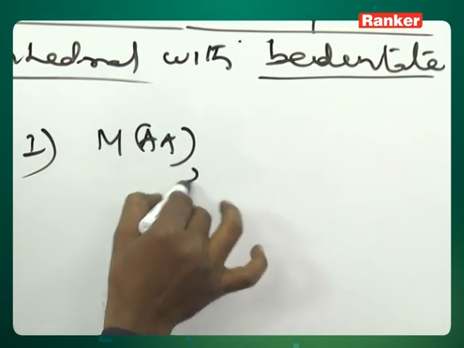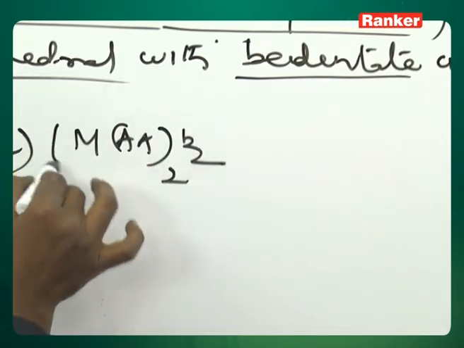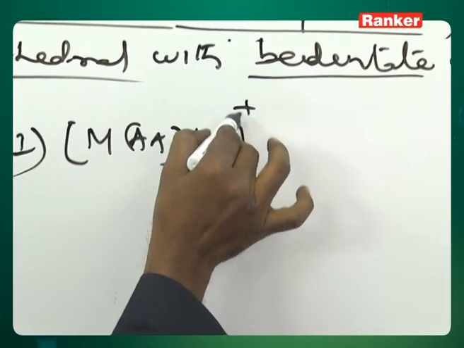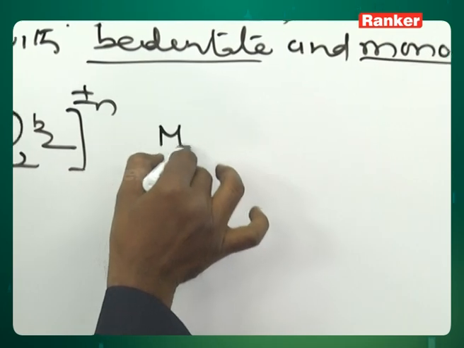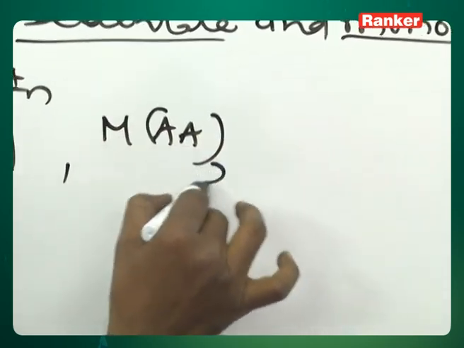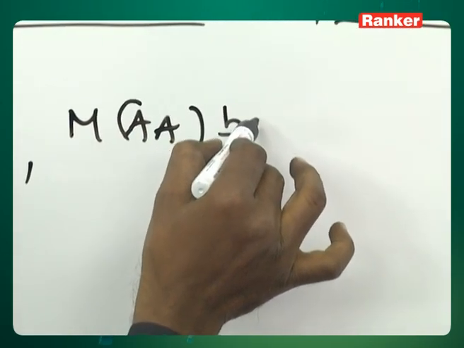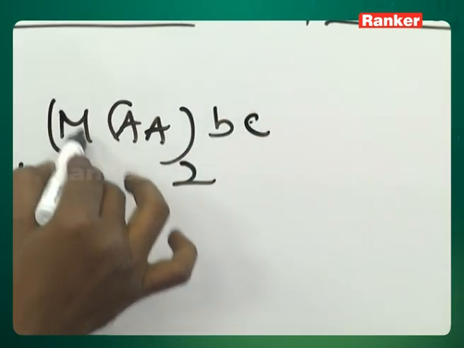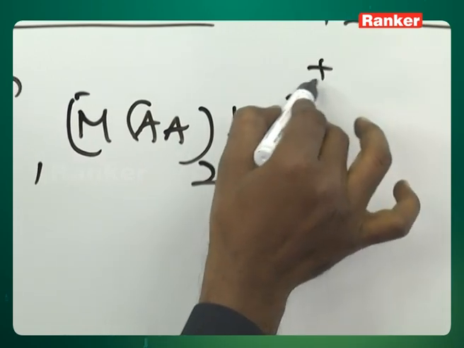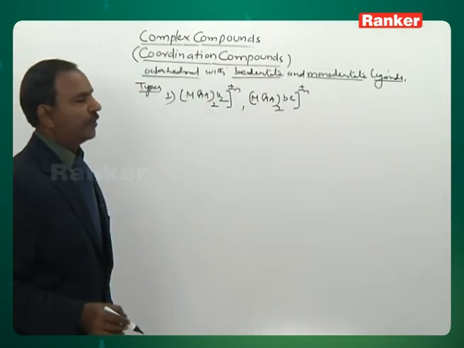MAA taken twice, B2. MAA taken twice, B2, plus or minus N. Next, similarly, MAA taken twice, BC, with two different types of monodentate, B2 or BC.